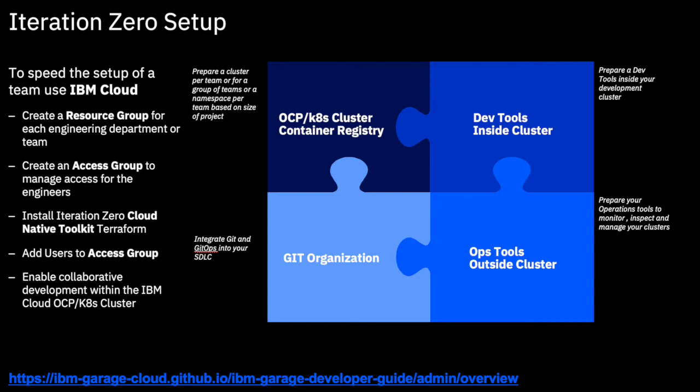Let's start by giving a demonstration of how easy it is to add a developer to a resource group and give them the access control they need to start to get access to their development environment.